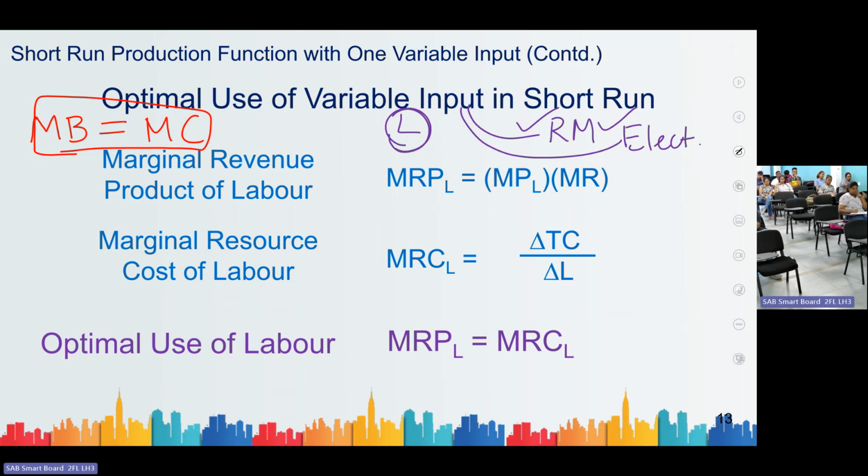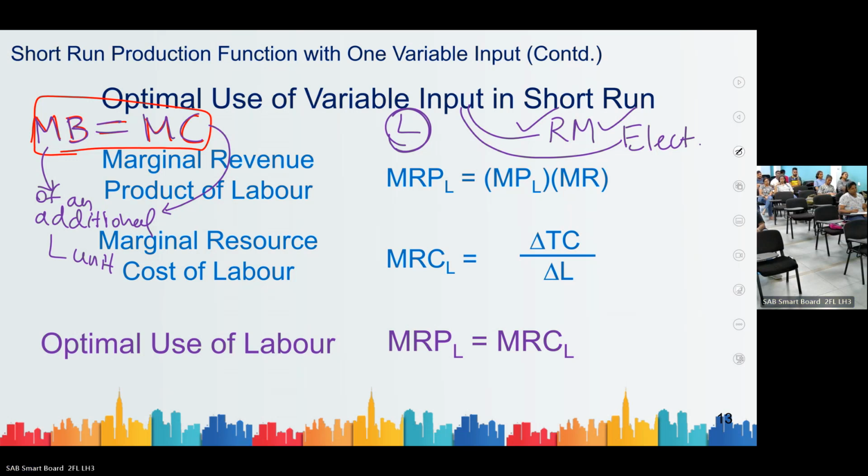The producer has to compare marginal benefit and marginal cost. Marginal benefit of an additional labor unit, and marginal cost of an additional labor unit. Those are the two things that a rational producer should compare in order to find the optimum level of labor.